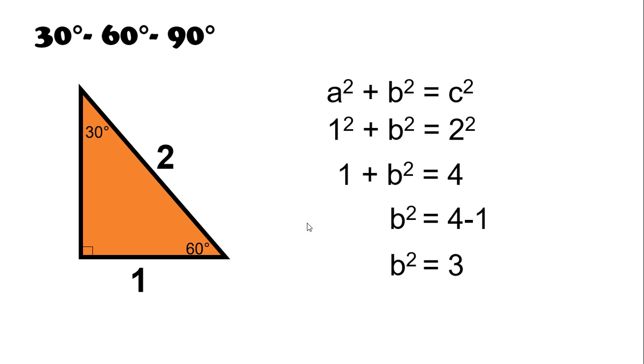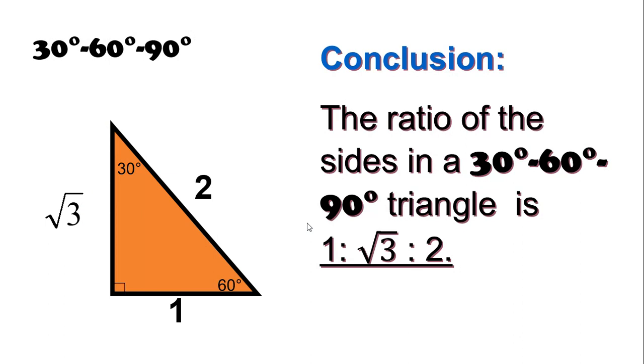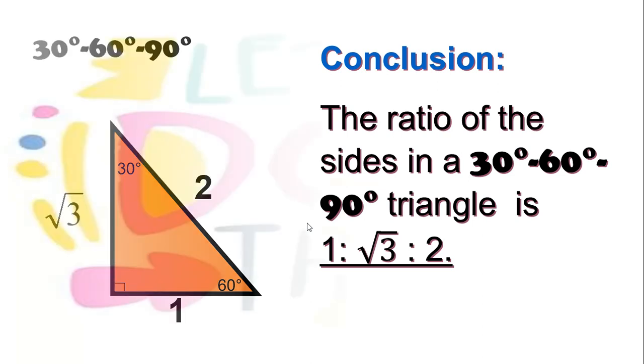And for us to get the exact value of b, simply extract the square root of both sides. So b is equal to square root of 3. So we already proved that the ratio of the sides in a 30-60-90-degree triangle is 1 is to square root of 3 is to 2.